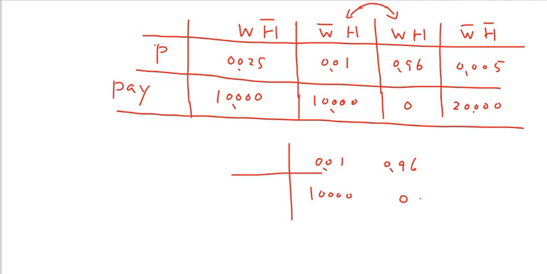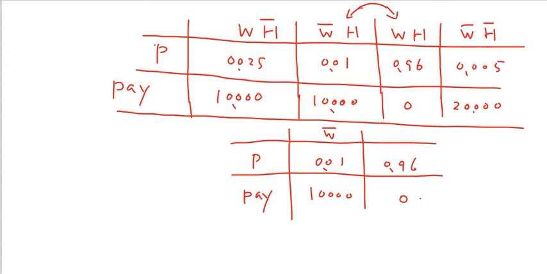We say this is the probability, this is the payment. We have these 2 cases: the wife died, or the wife didn't die, right? We have only the 2 cases.